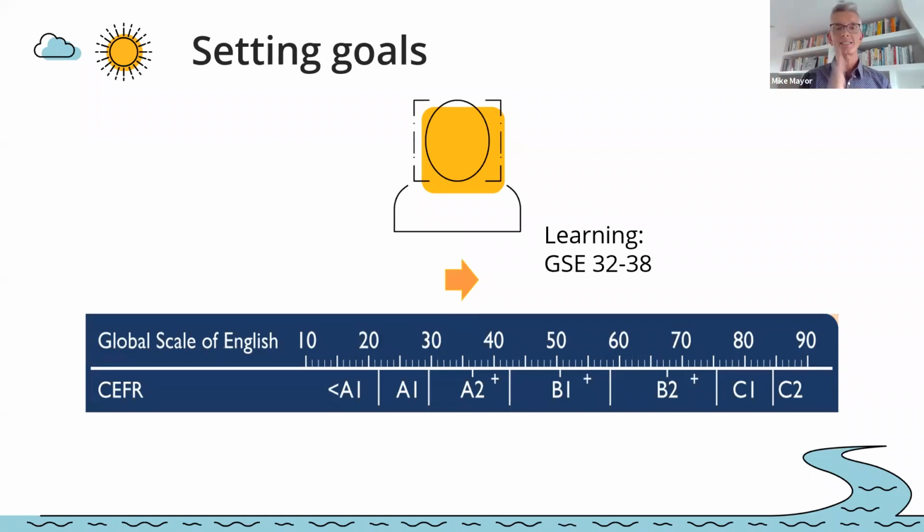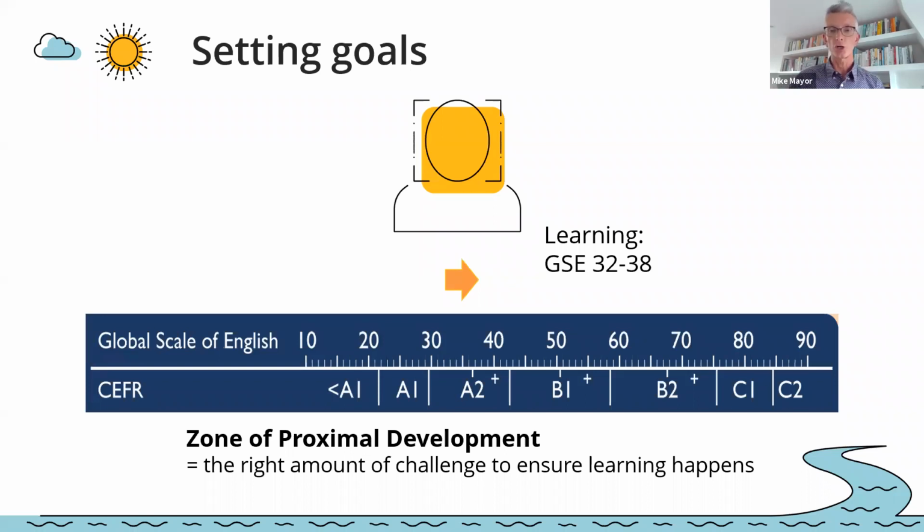So if my learner's at 28, there's no point in me continuing to teach them at 28. Okay, they'll look like they're doing a great job and they're really mastering English, but they're constantly at 28. What you need to do is stretch your learners just within an achievable range.